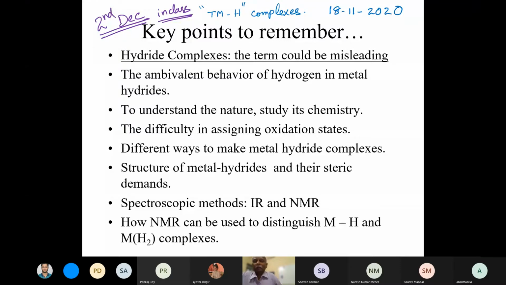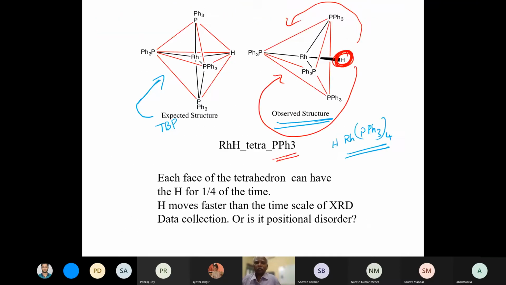So let me start with what I had shared with you in the last class. I think one very important feature is that you should view the three-dimensional structures of these molecules for yourself to see how these factors are really operating in real life.